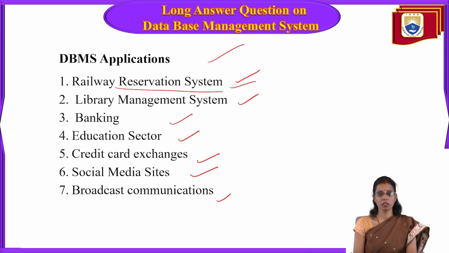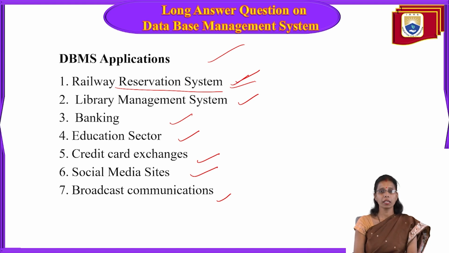Once a person enters the details of where they have to travel, they get to know the fare, the distance traveled, seat availability, which train is going to travel from one place to the other, and how many types of trains there are. All that information is given by the DBMS. So DBMS is very useful for the railway reservation system.